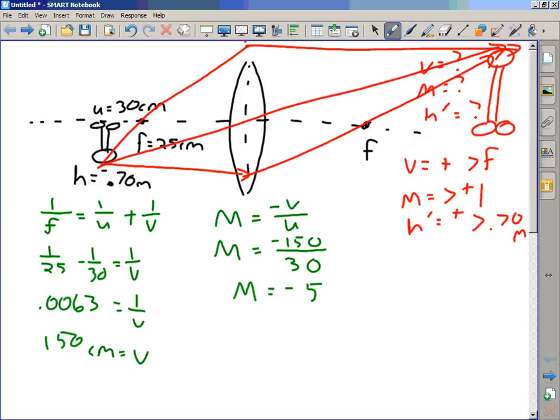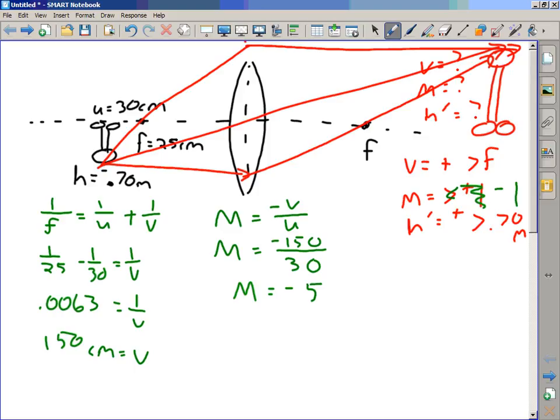So I was wrong in my thought here. This would actually be a less than sign, to get it more negative. It should come out to a magnitude greater than 1, but it should be negative.